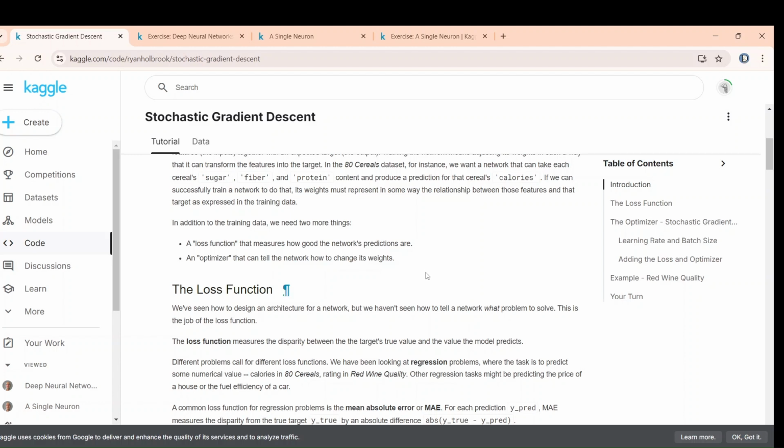Okay, now how can we train the model? For that, we need a loss function and an optimizer. What is a loss function? A loss function means that you measure how good the network's predictions are. You have applied your model, you are predicting something, but the real output may be something else.